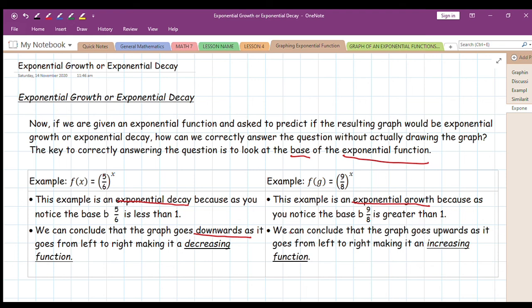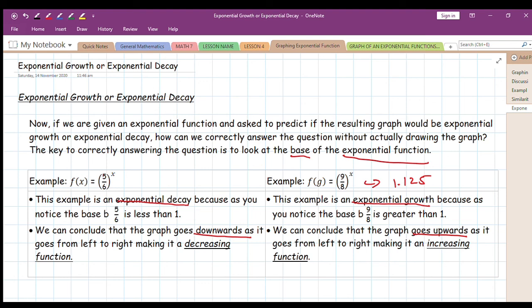So also we can conclude that the graph goes upward as it goes from left to right, making it an increasing function. Ano po? So, 9 over 8, para makuha natin talaga, is equal to 1.125. We all know that this value is greater than 1.